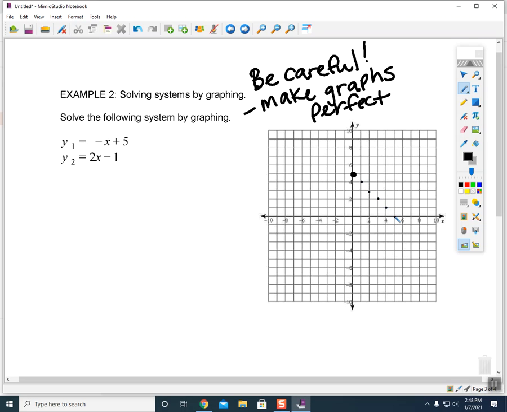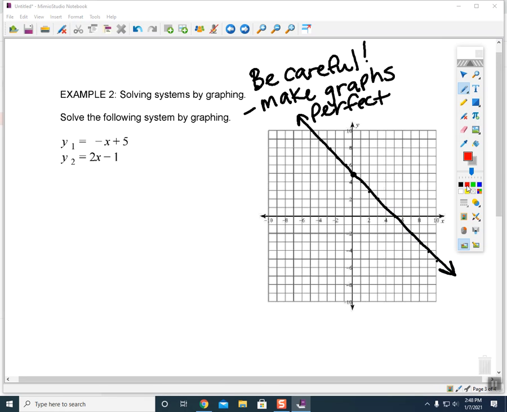I'm doing lots of dots because then I can draw my line a lot easier. So this is what I mean, draw it perfect. Here we go. That was better. Okay, there's the first line.